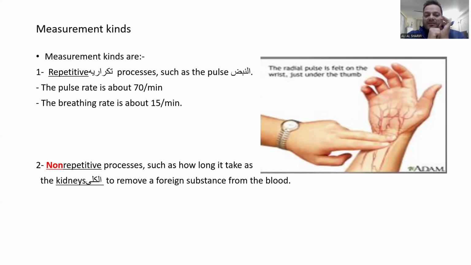That means repetitive. And the other one is the non-repetitive. For example, how your kidney can remove a foreign substance from your blood. That means here we have two kinds, repetitive and non-repetitive.